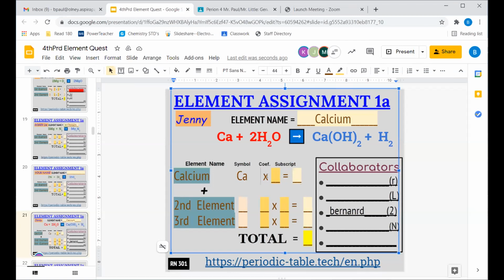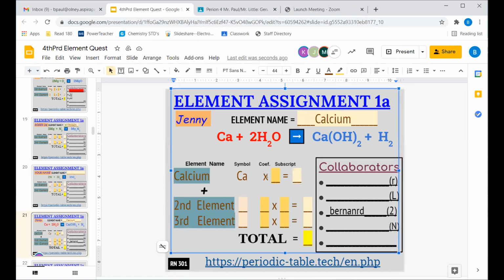Juan, you might have to put it in the chat box. That question was directed to you. Repeat the question, Jenny. Is the symbol in the element name correct? Okay, I thought you were going after a coefficient, but that's fine.